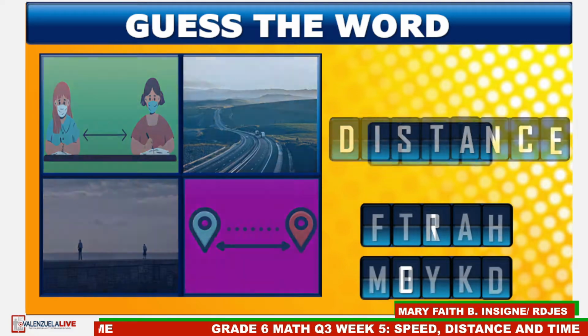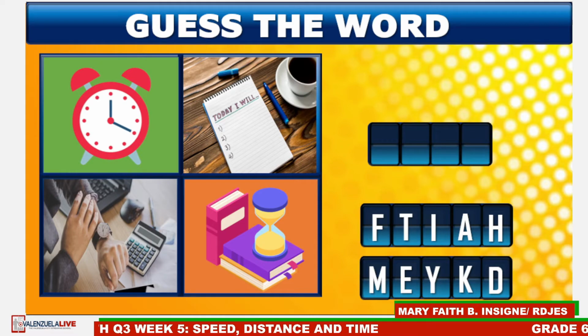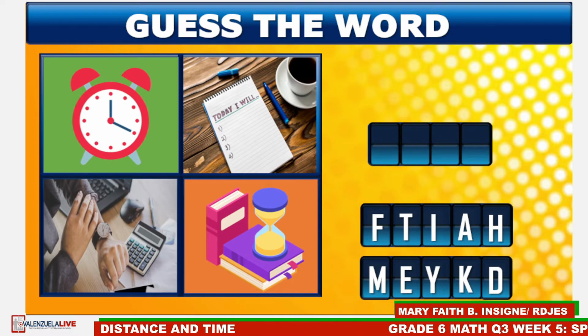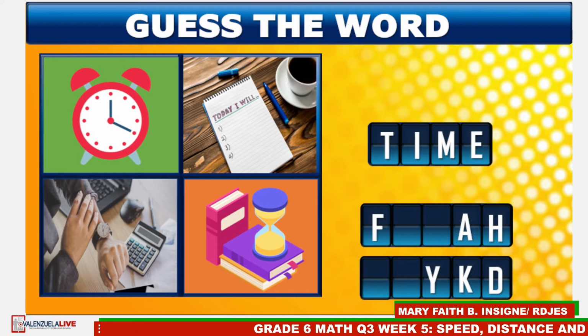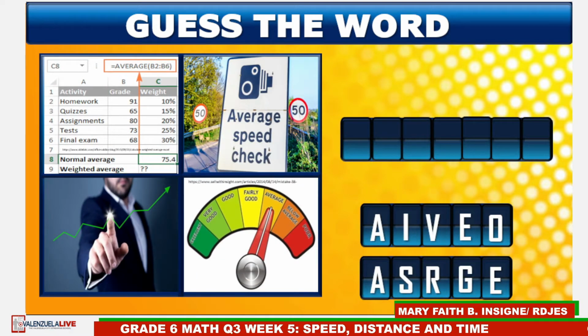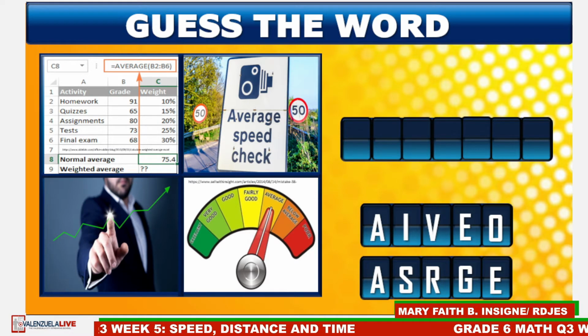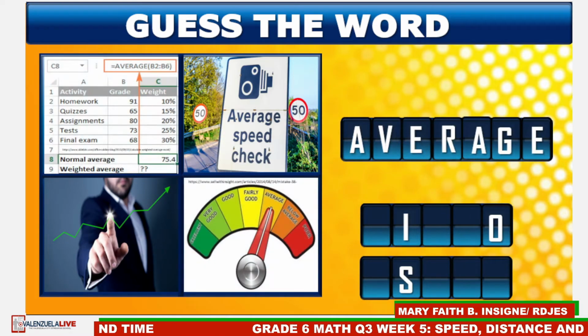Third clue. Here are the 4 pictures. Alright, what's the word? Great job. The word is time. The 4th clue. Can you answer what word you can form based on the 4 pictures you see? Very good. The answer is average.